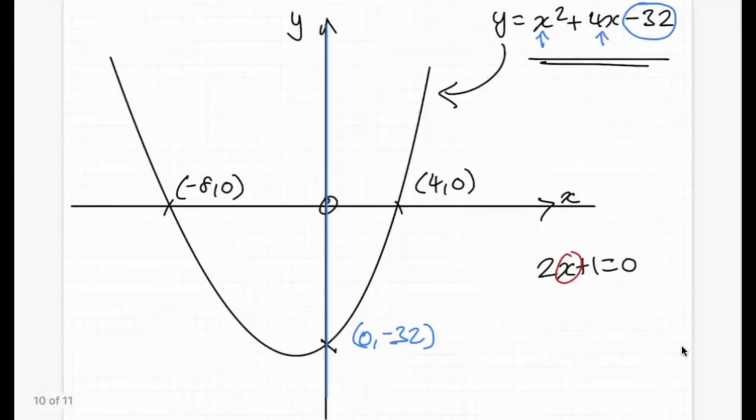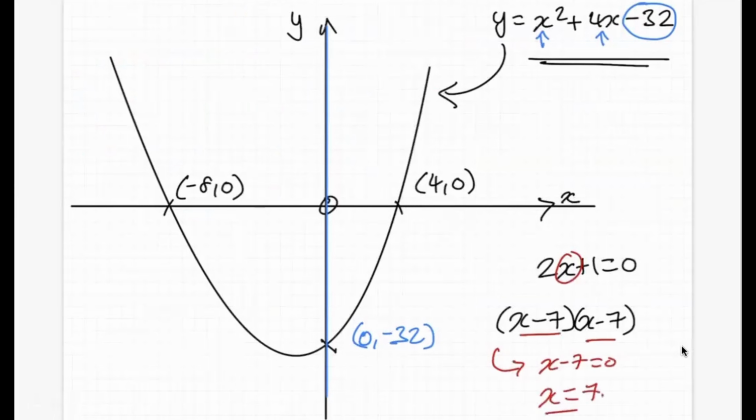In another example I did, this quadratic factorized to, I think, x minus 7, x minus 7. So in this case, these are both the exact same. And when we solve this, we're going to get x minus 7 equals 0, so therefore x equals 7. And you'll get the same on this side as well. So in this case, I forgot what that graph was.